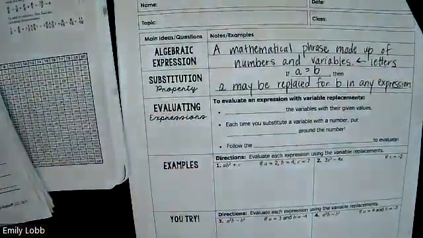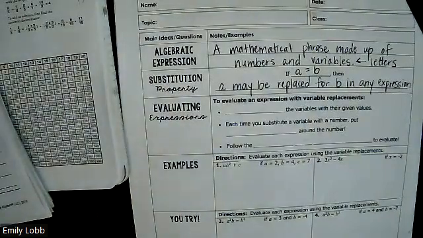That's kind of wordy. If A equals B, then A may be replaced for B in any expression. So we're going to be replacing things, substituting things. I wrote this down.